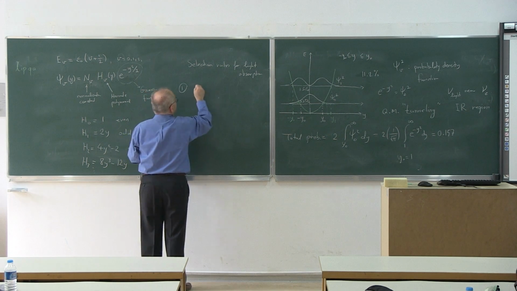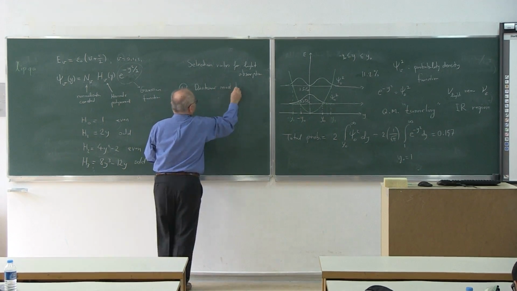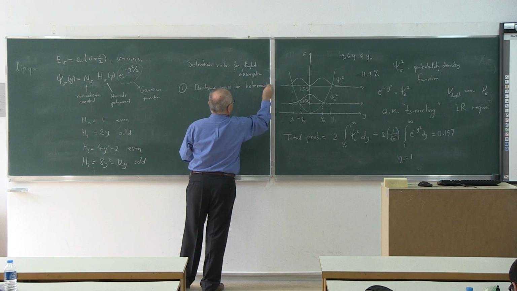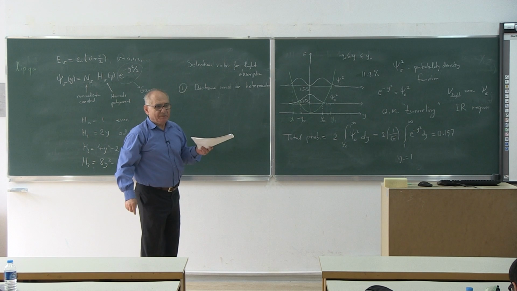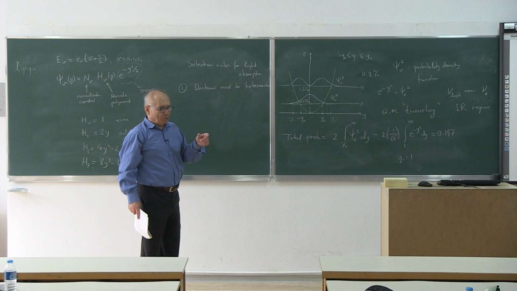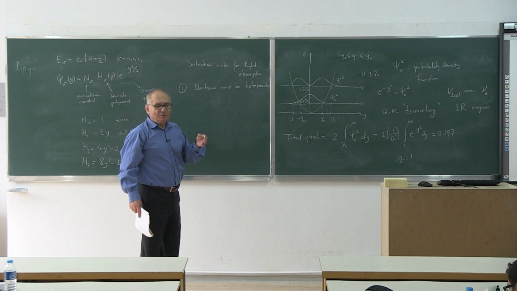The first rule is that the diatomic must be heteronuclear, or the diatomic molecule must be polar. This means if you take a homonuclear molecule such as H2, O2, N2, such molecules do not absorb infrared photons.